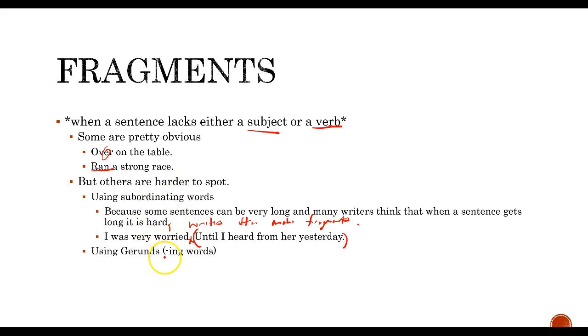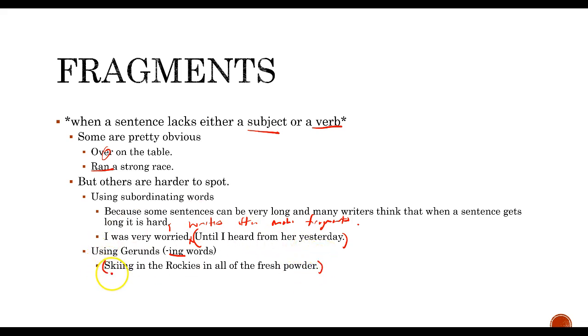Another way is with using a gerund. Remember we talked about those -ing words. Since some people might think they're verbs when in fact they're actually nouns, you might assume that you have a verb. Skiing in the Rockies in all of the fresh powder. So you might say, what's the subject? Actually, this whole phrase is the subject. What's the verb?